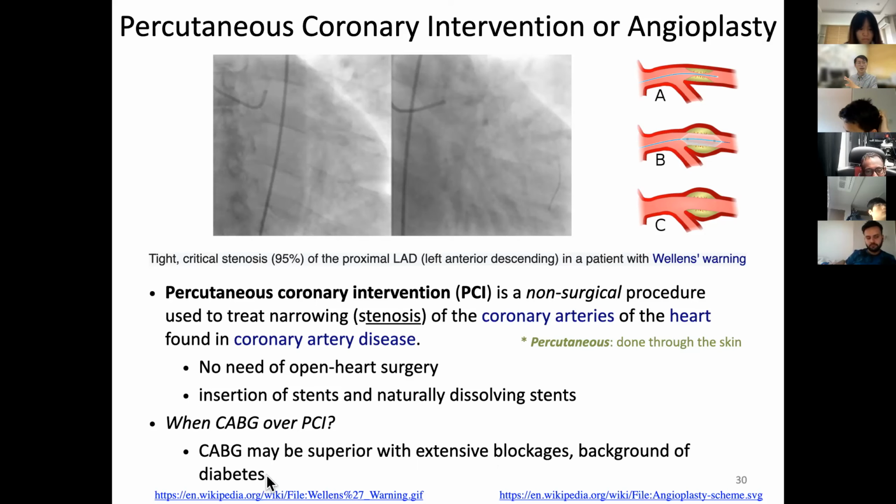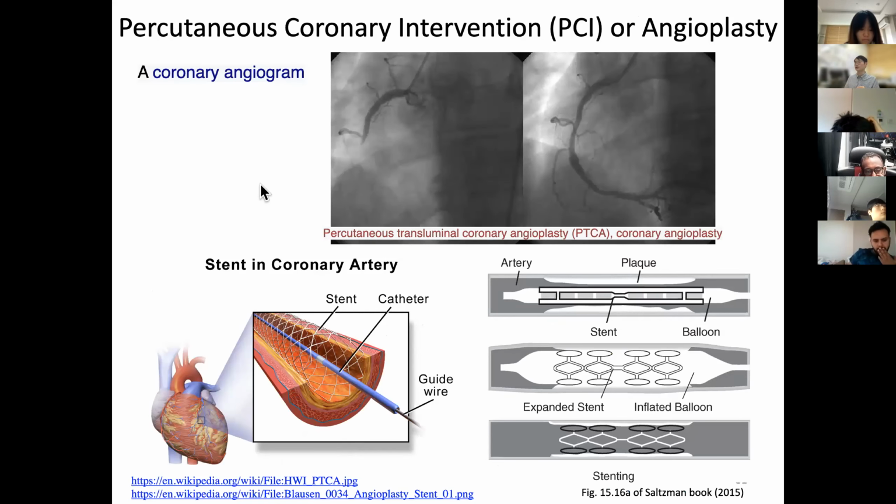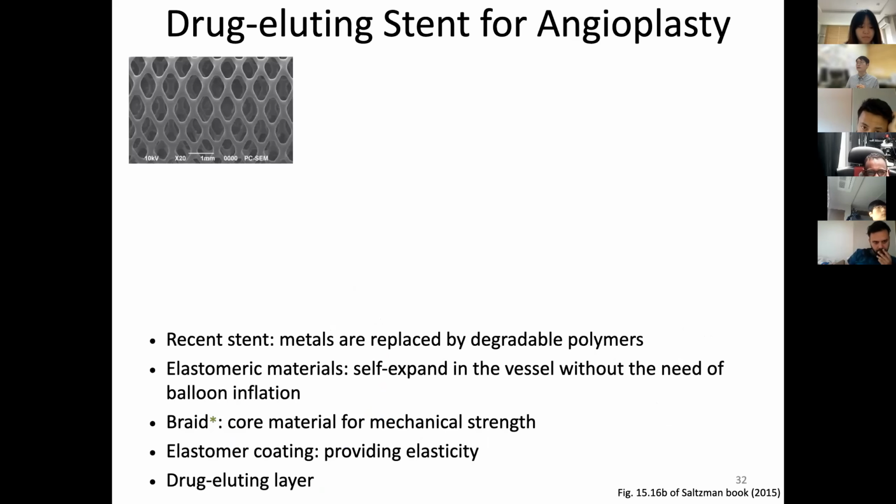So only in those cases; now PCI has become more of a routine. So for PCI or angioplasty, we already showed that movie. The artery and plaque, and we have implanted a stent, and then inflated the balloon, and then left the stent. And we also discussed already drug-eluting stents for angioplasty.